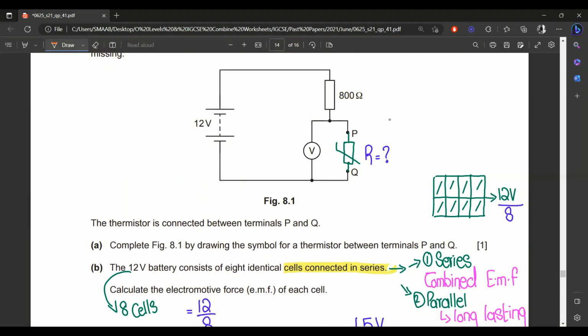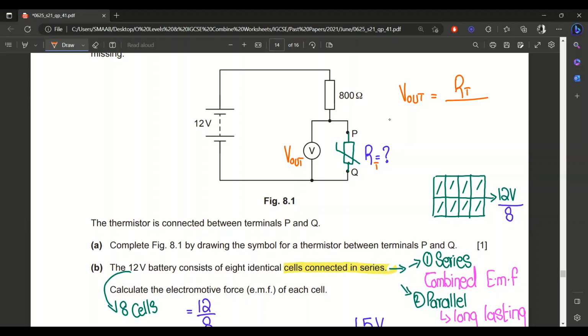The formula for the potential divider is like this: if you need to calculate the output voltage, that is the output voltage we are getting across the thermistor. To calculate that output voltage, first you place the unknown resistance in the numerator. We are going to find the resistance of the thermistor, so we write RT.